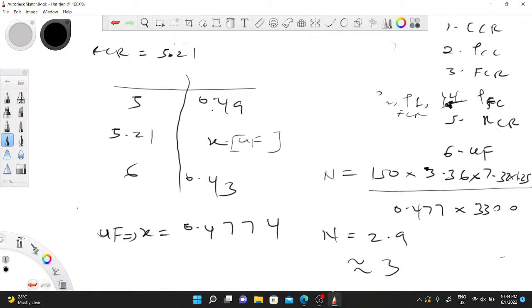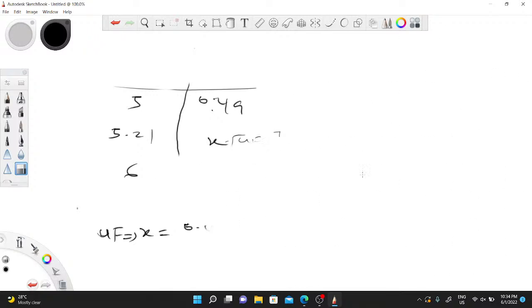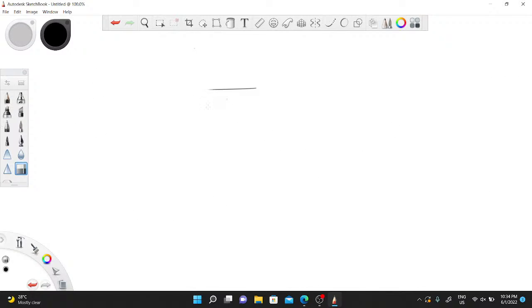All right, let's move on. So right now we have the number of lamps. So that's it for the zonal cavity method. For our master bedroom, we had 2 lamps.